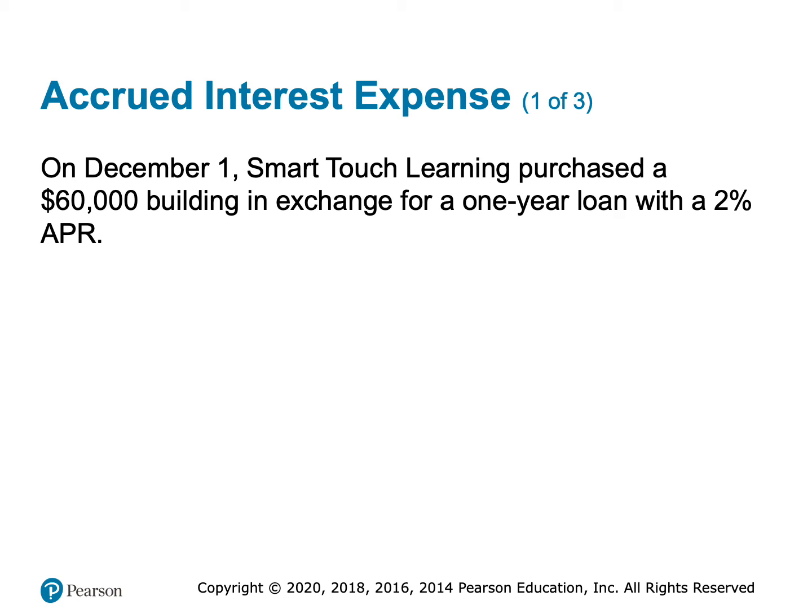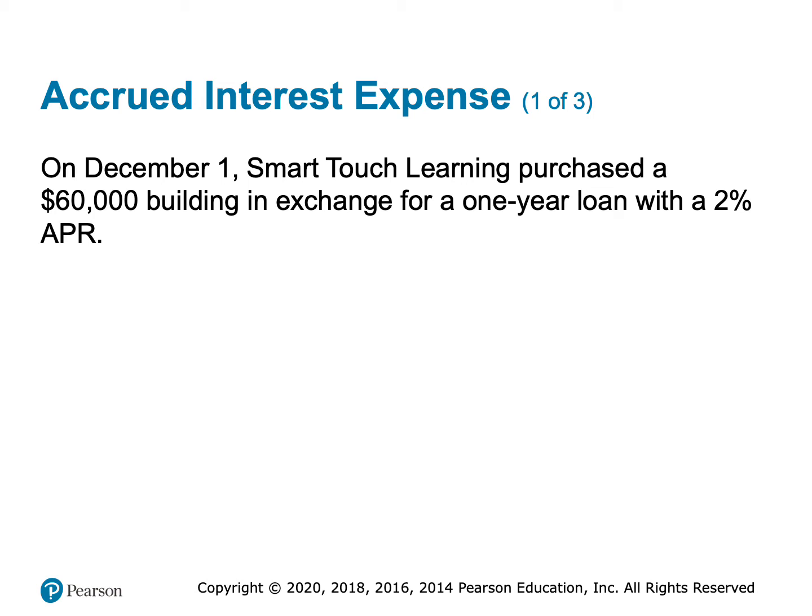But if you remember on December 1st, we did this back in chapter 2, we bought a building for $60,000, but we didn't pay cash for it. We borrowed the money. We took out a 1-year loan that has a 2% APR, or annual percentage rate.